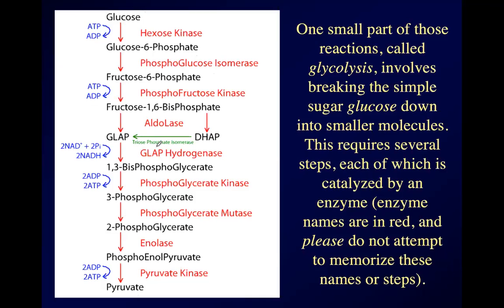That gets broken into two molecules of, I've just forgotten what GLAP stands for, doesn't matter, on and on until you end up with pyruvate. The whole thing, all of these 9 steps together, this one little part of the assembly line is called glycolysis. And every one of those steps happens because there's an enzyme to make it happen. The enzyme names are shown in red here.